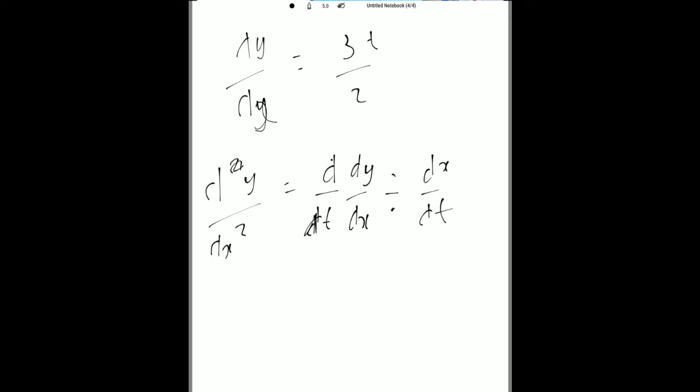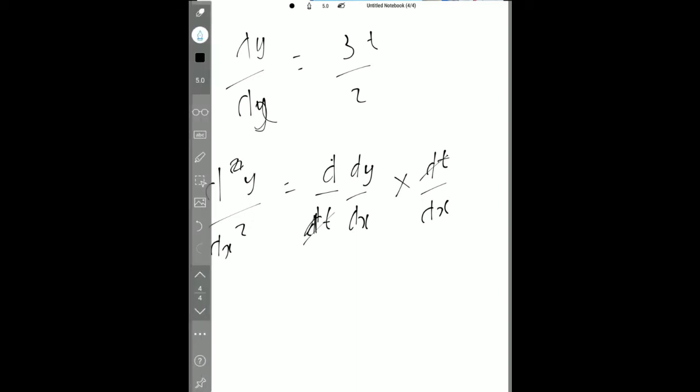Because the intuition I want you to get behind finding the second derivative of a parametric equation is that it's like we're multiplying by dt by dx, and this cancels with that, leaving us with the derivative of the first derivative with respect to x.